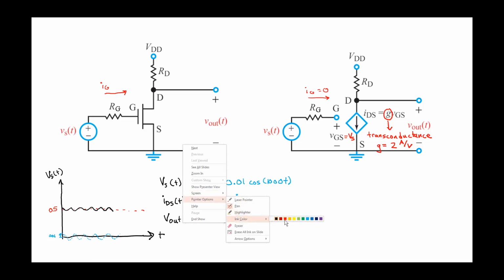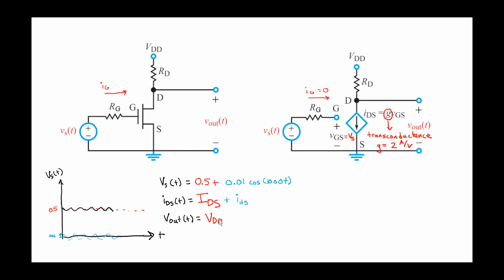Let's go ahead and write it in red. Minus the DC voltage drop across that resistor, which is going to be IDS times RD. But there's also the AC voltage drop across the resistor. So we also have to subtract ids times RD. Okay, so there's going to be this DC level at the output.